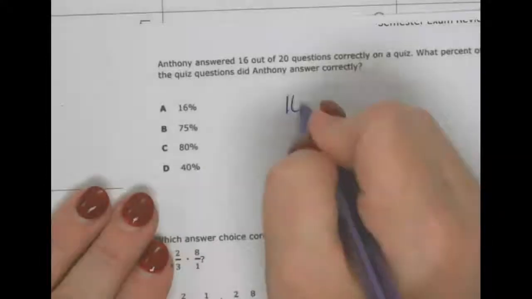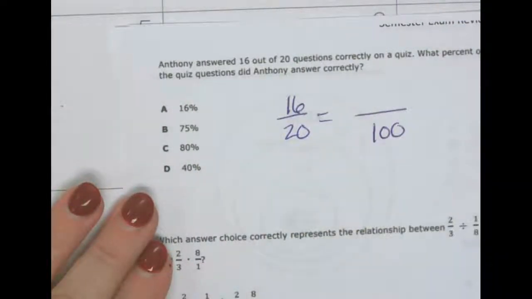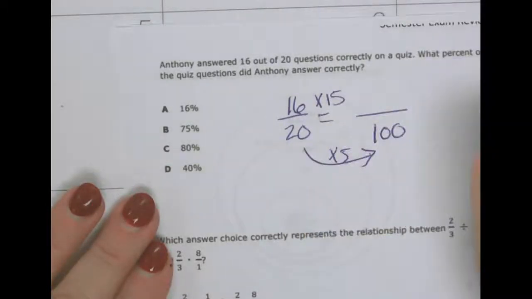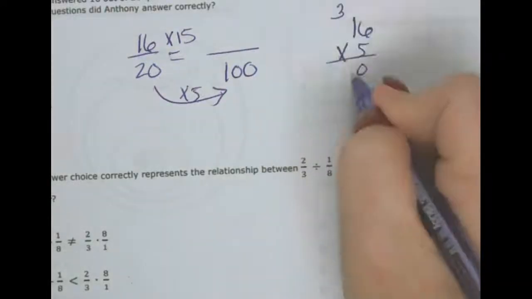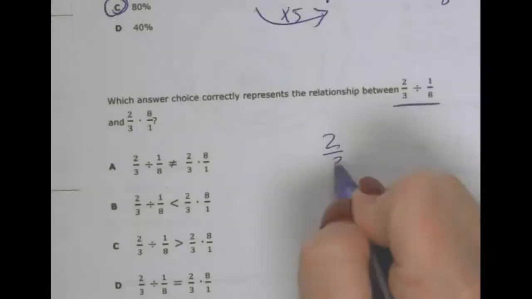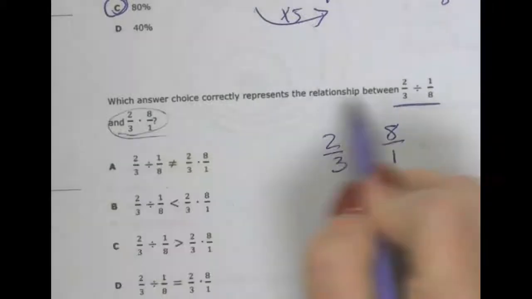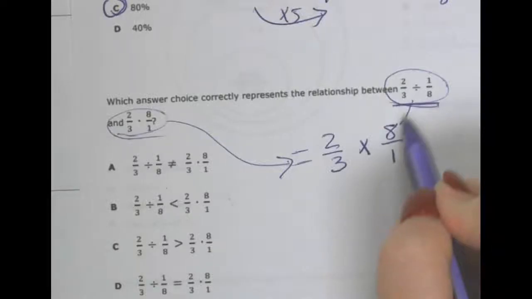They had 16 out of 20 correct. If it was 100%, times 5, times 5, 16 times 5 is an 80. Remember, when you were dividing, 2/3 times 8 over 1. These are equal. These mean the same thing.